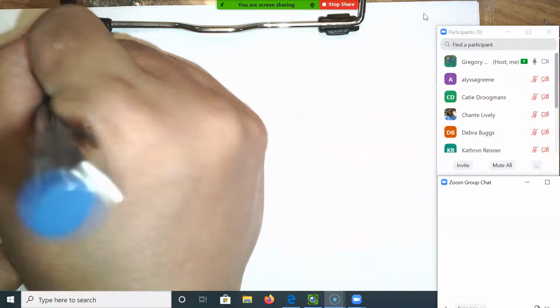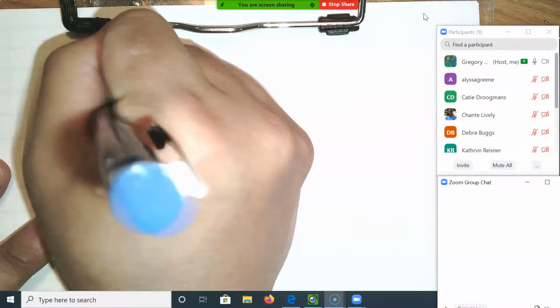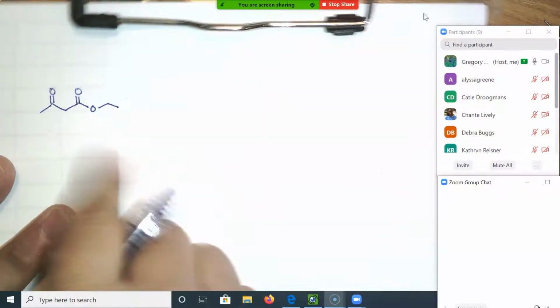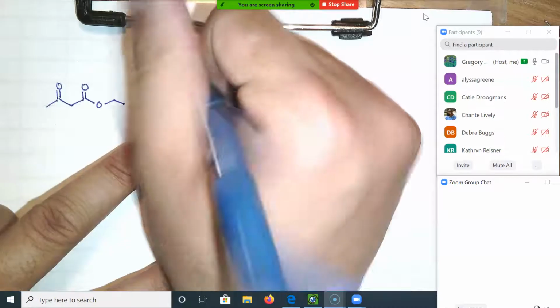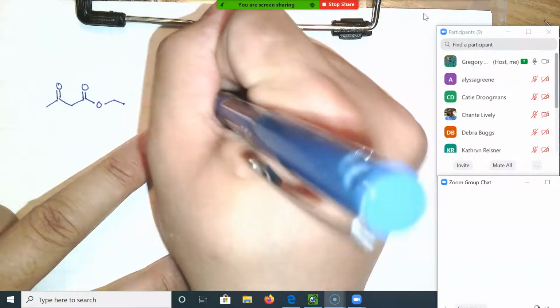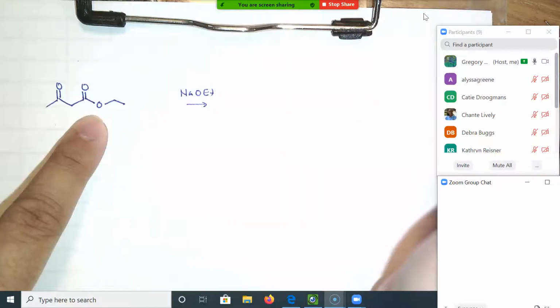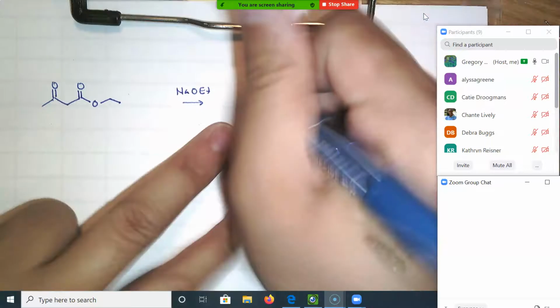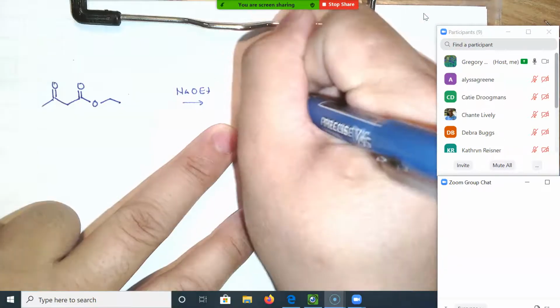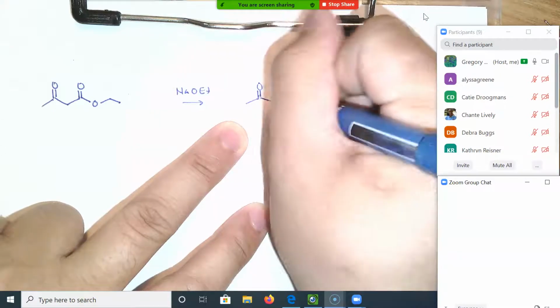We have this acetoacetic ester. Again, it could be O-ethyl, O-methyl, O-propyl, whatever. But just make sure your base matches. So the base is going to be NaOEt, in this case, O-ethyl. Now I know that when you see this product, you're going to ask a very good question.